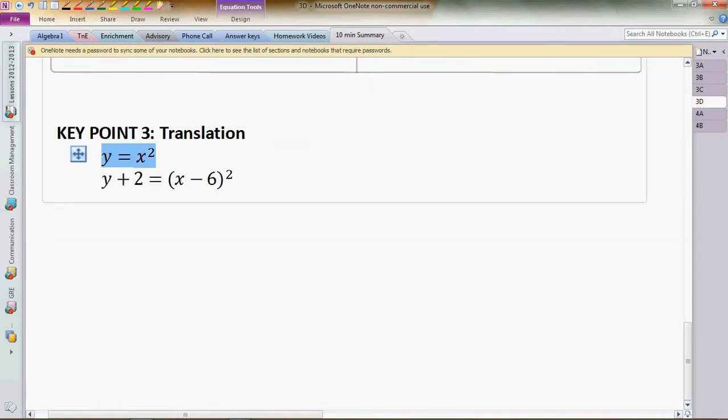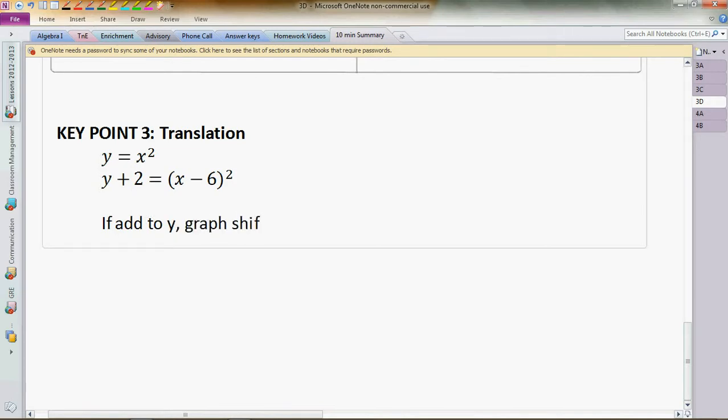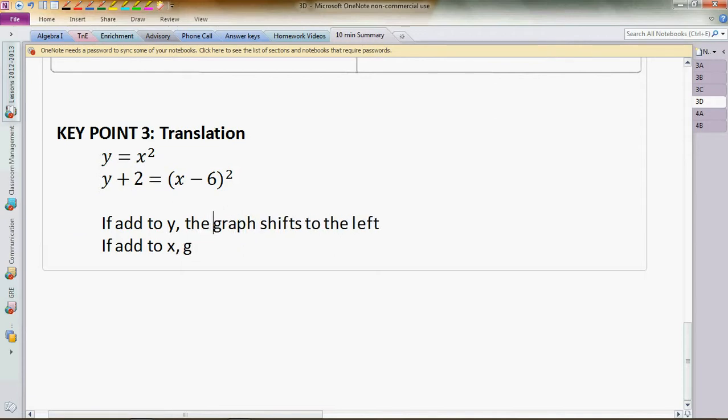So this is the basic graph, and then this is the translation graph. So the translation is, if you add some number to y, then the graph will shift, oh, wait a minute.